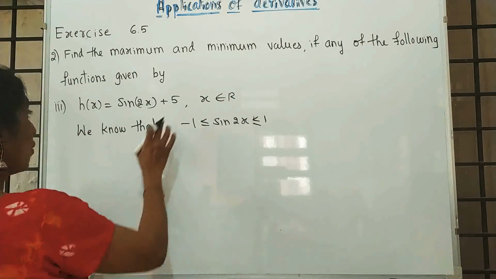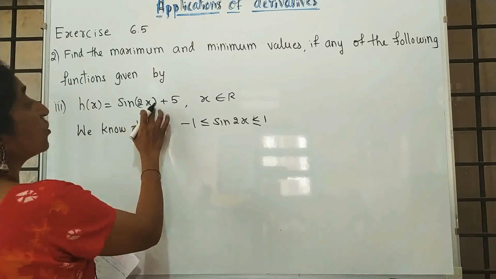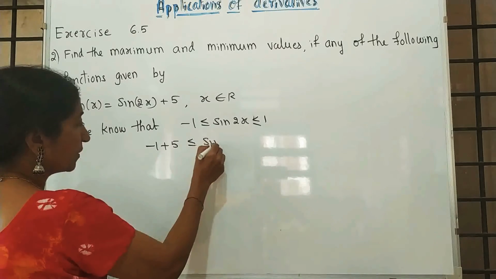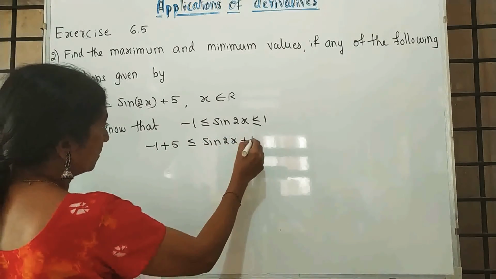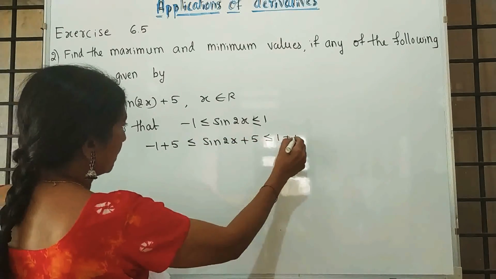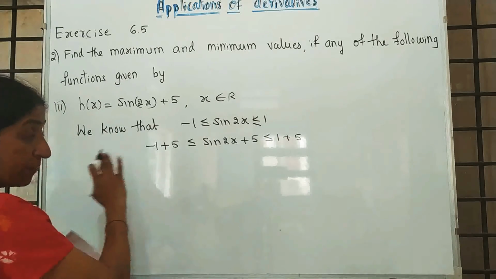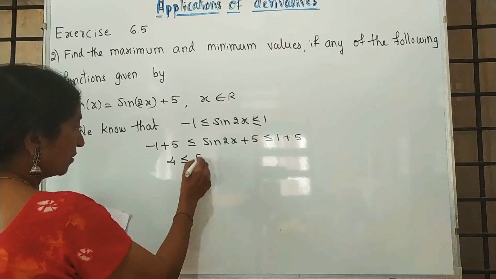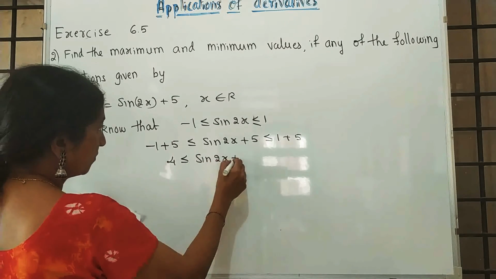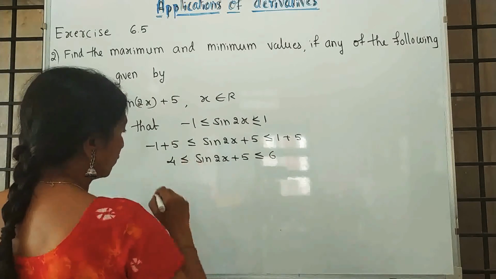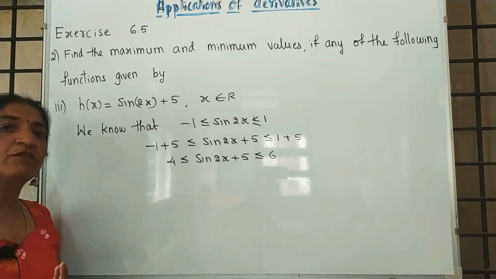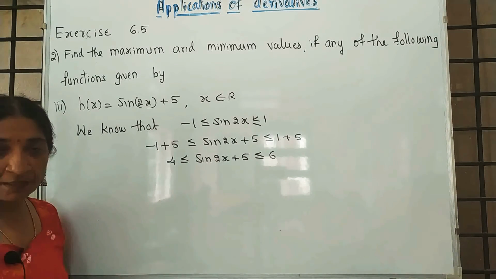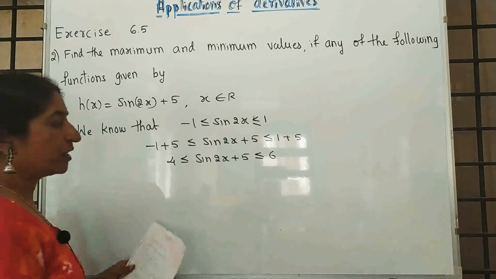But what we require is sin 2x plus 5. Add 5 to each expression. This is similar to the first-year linear inequality. So 4 is less than or equal to sin 2x plus 5, which is less than or equal to 6. By observing this we can say the minimum value is 4 and the maximum value is 6.